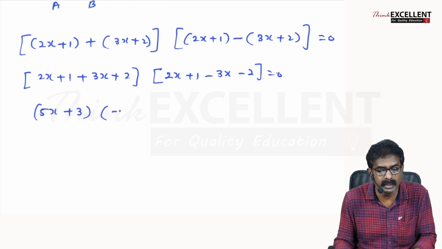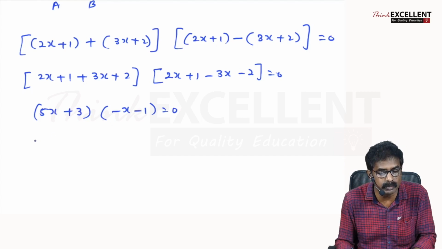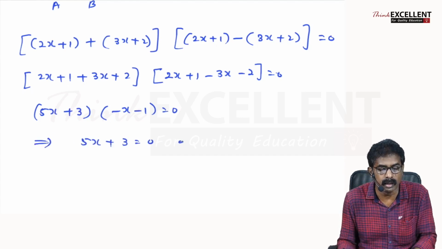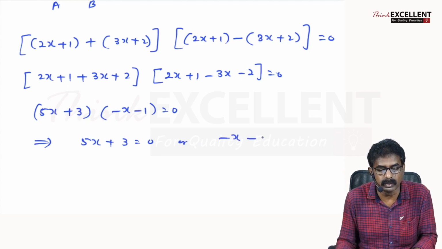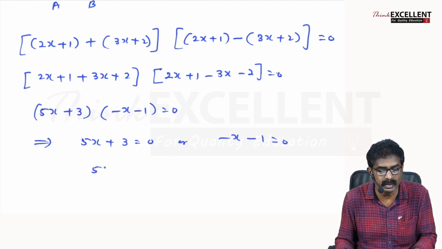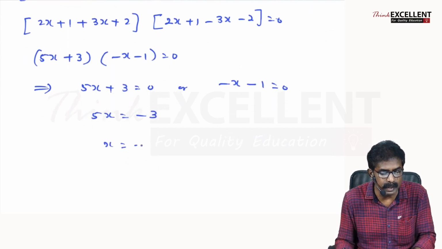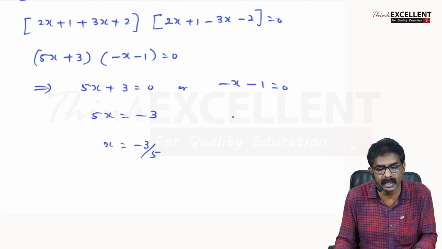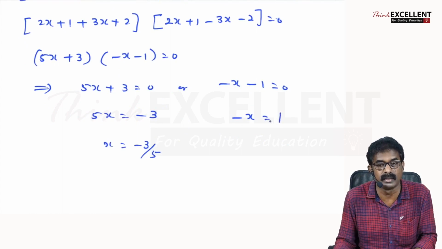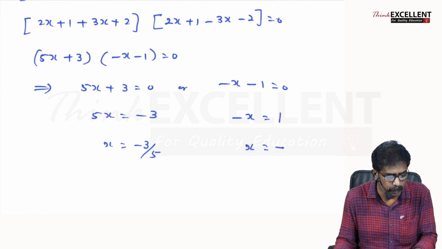What is that? Minus x. 1 minus 2 is minus 1, equal to 0. So two possibilities. 5x plus 3 equal to 0 or minus x minus 1 equal to 0. So 5x equal to minus 3 and x is equal to minus 3 by 5. And the second one, minus x equal to 1. Change the sign, x equal to minus 1.